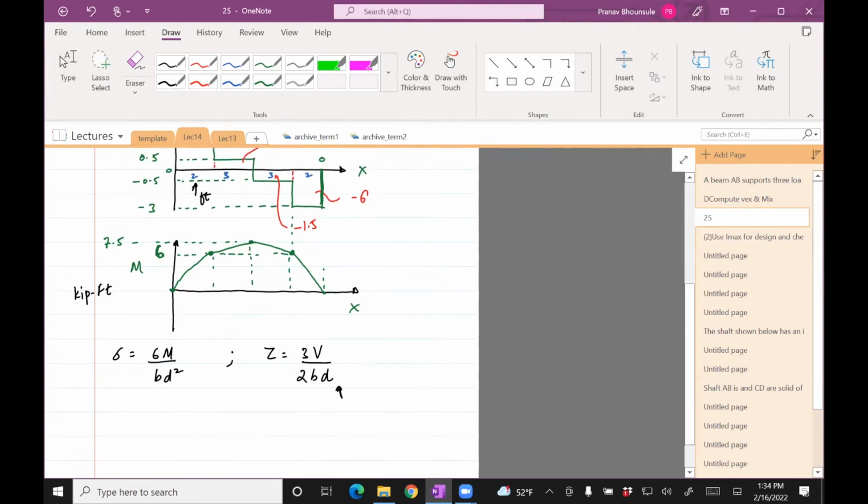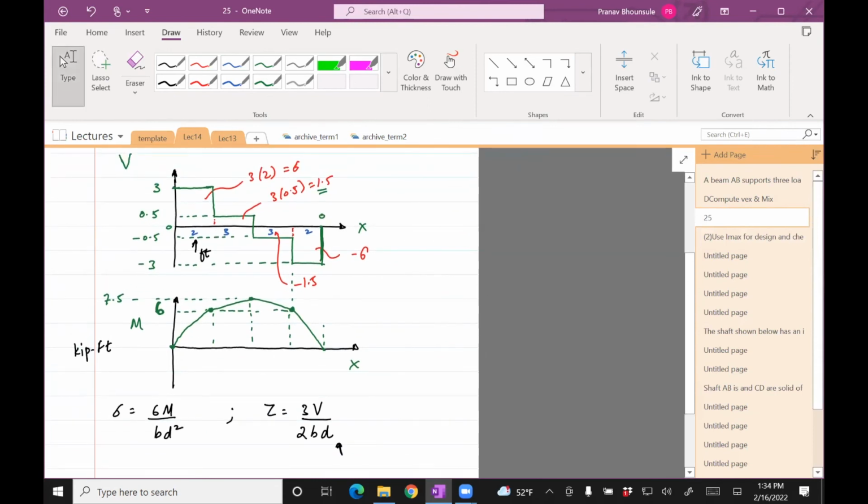V is maximum here as well as here. Remember that the maximum normal stress occurs here, but the maximum shear stress occurs anywhere here or here. So the locations of maximum shear stress are different from where the maximum normal stress occurs. That's kind of important.